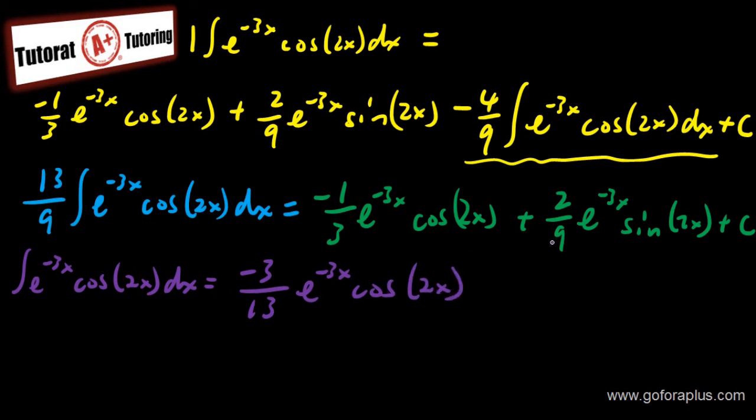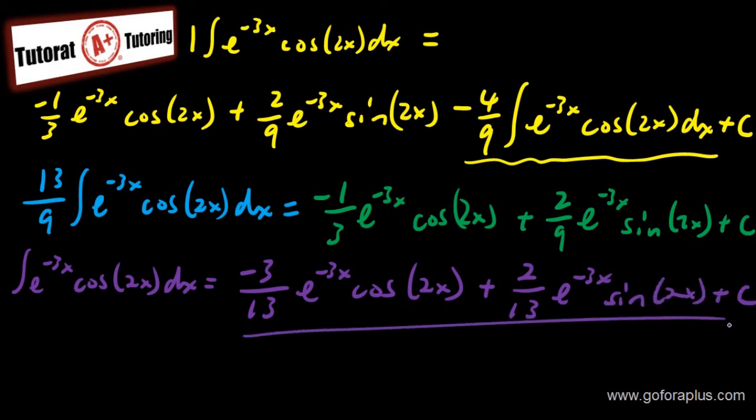Now the 9 cancels, all I have left is 2/13. Plus 2/13 e to the minus 3x sine of 2x plus c. Now this is basically my answer for this question. Now you can basically factor out the common factor if you want, but it's not necessary.